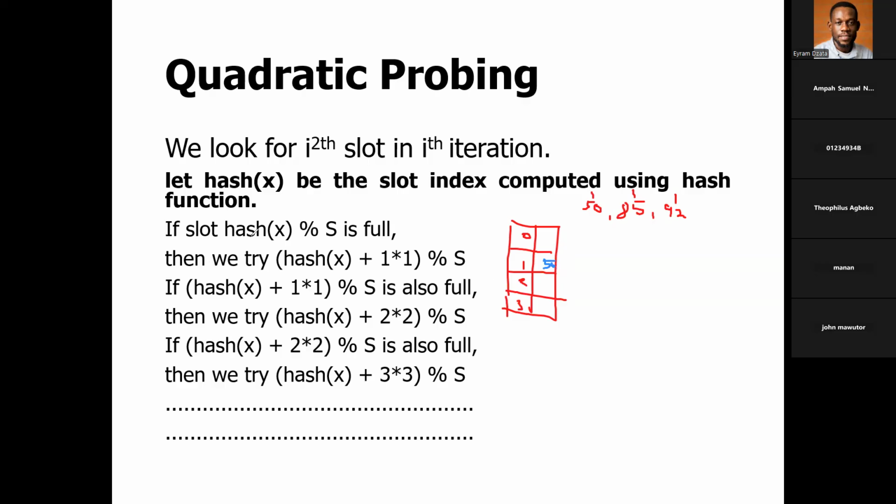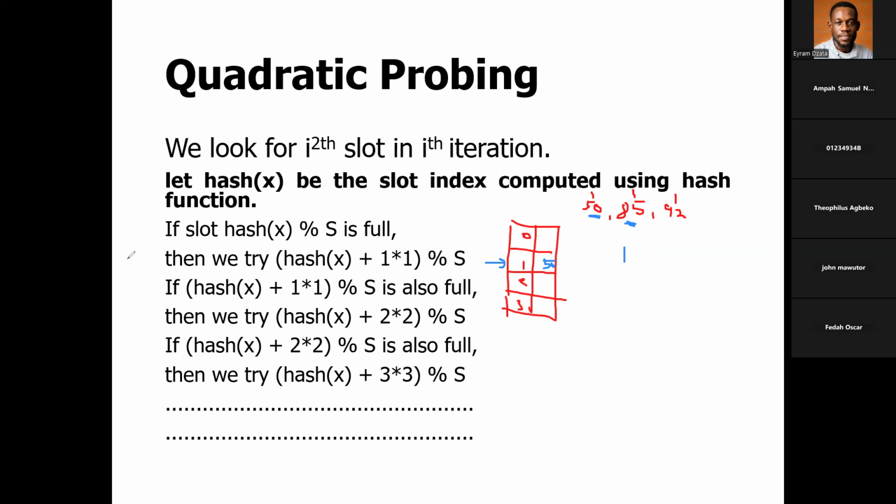So with the quadratic probing, what you do is that you square the value. So if hash x mod 10 is full. The first one we had was 50, which is already in our list. So we take 85. 85 has a hash value of 1, and that one is already occupied by 50.